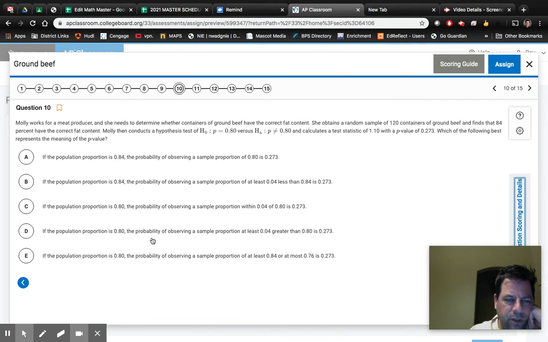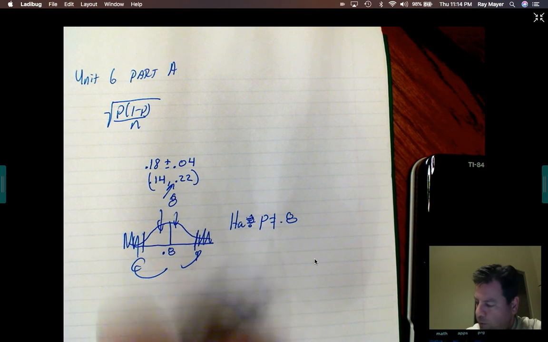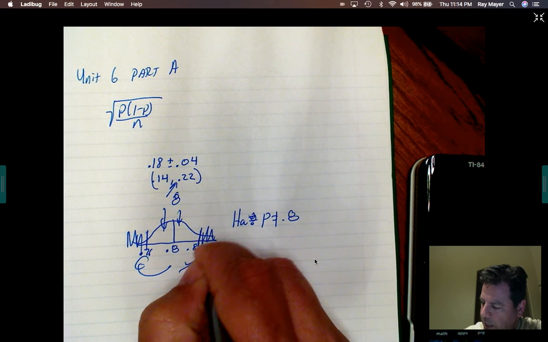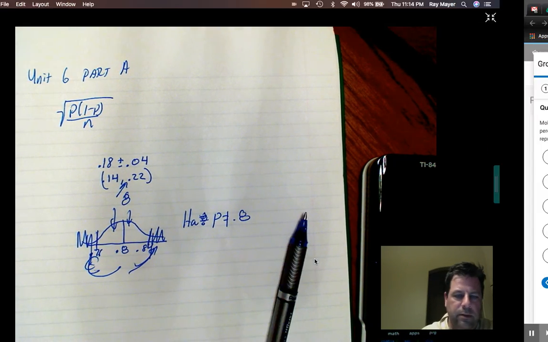If the proportion, the probability of at least greater than... No, I don't like that one either. That's if it was a greater than test. If the population proportion is 0.8, the probability of observing the sample proportion of at least 0.84 or at most 0.76. That's what I like, because this is the 0.76 and this is the 0.84, of getting it higher than that or lower than that.